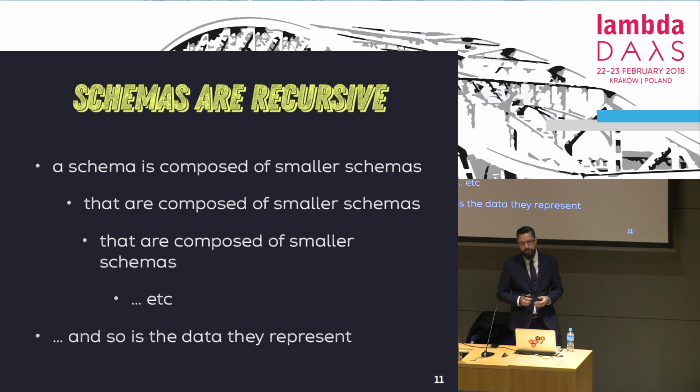And schemas are recursive structures. Inside a schema, you have smaller schemas that contain smaller schemas, and so on and so forth. And the data they represent, like JSON, for example, is also a recursive structure. Inside the JSON, you have smaller JSON objects, and so on and so forth.